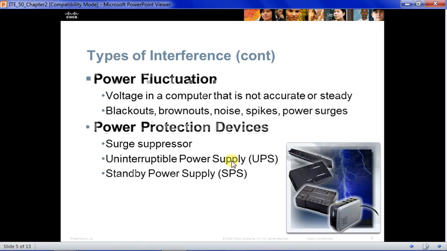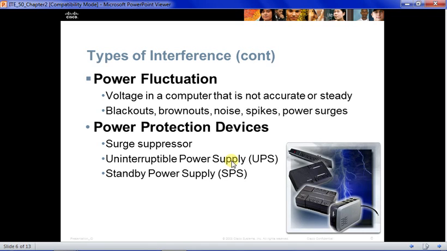We'll spend a little bit of time talking about power fluctuation. Power fluctuation can cause damage to our computers also. If our computers do not get the right voltage, then our power supply can't supply the proper watts to the individual devices within our computer, and that can cause damage.